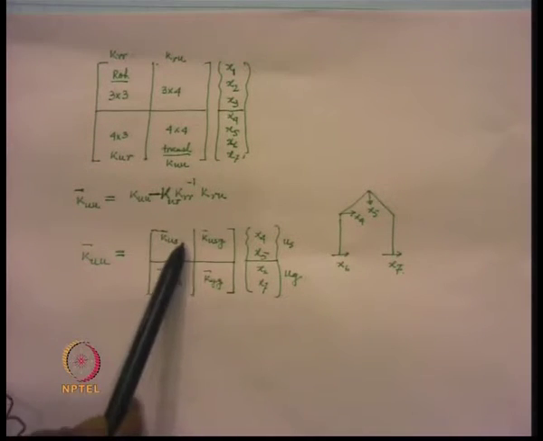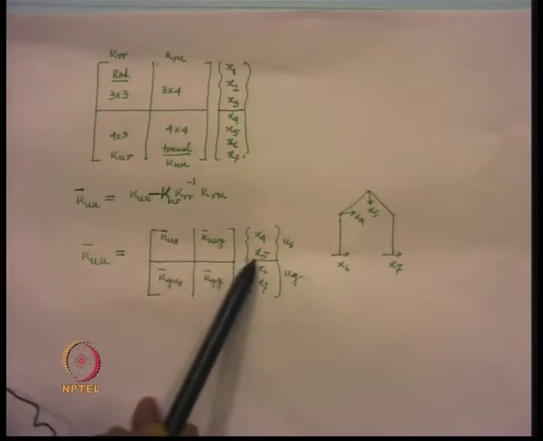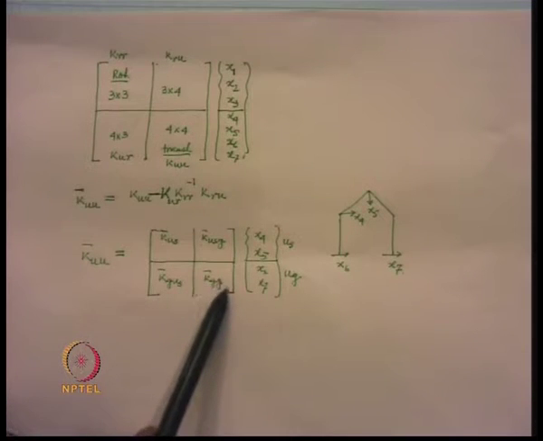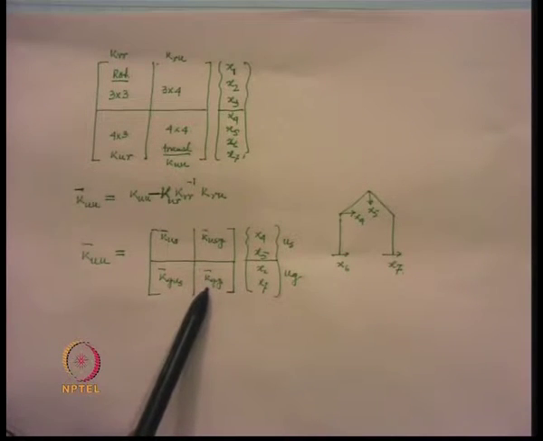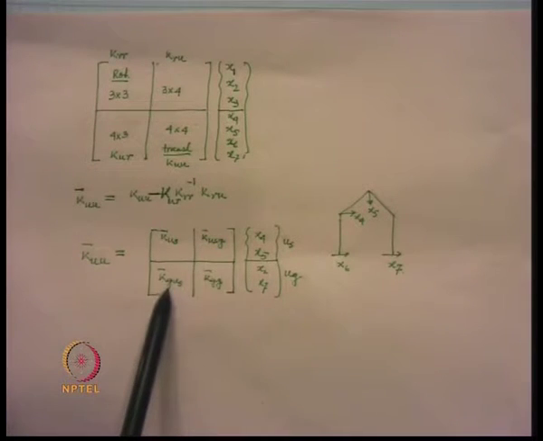Again we partition them over here. This is the matrix corresponding to the non-support degrees of freedom x4 and x5, and this is the matrix corresponding to the support degrees of freedom, and these are the coupling matrices.